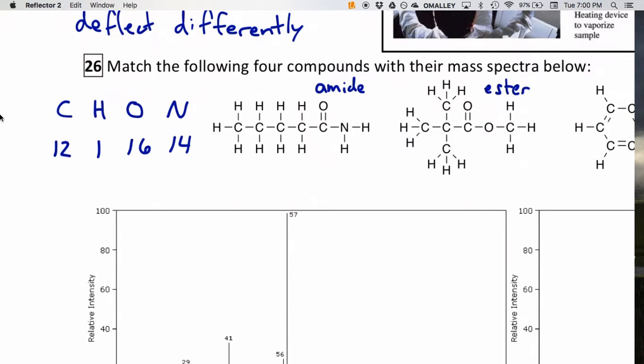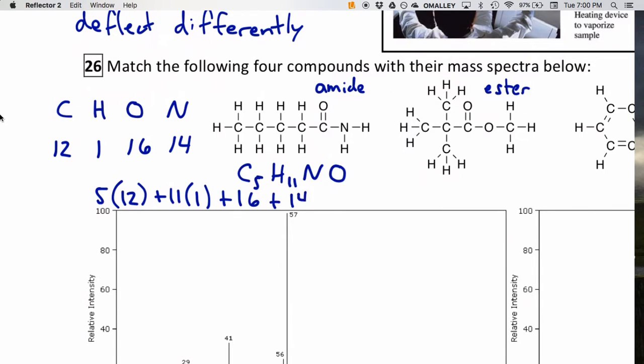So the first one has 5 carbons. It has 11 hydrogens, 1 nitrogen, and 1 oxygen. And if I add up the total of 5 carbons, so 5 times 12, plus 11 hydrogens, 11 times 1, plus 16 for the oxygen, plus 14 for the nitrogen, I get 101 grams per mole for that amide molecule.